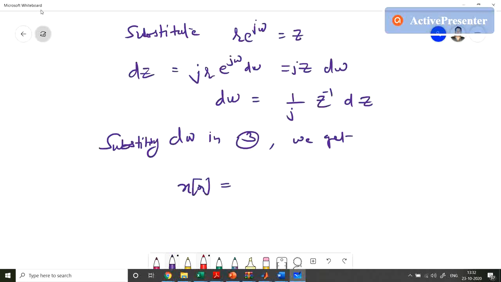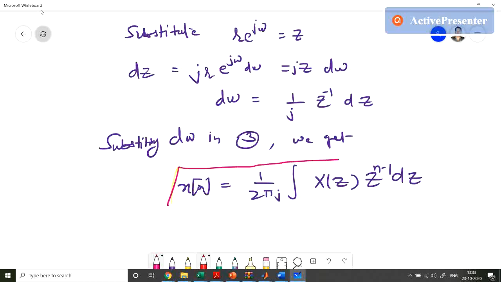In the discrete time domain, x[n] is related to X(z) with the following relation: 1 divided by 2 pi j, integration of X(z) z raised to the power n minus 1 dz. So please understand, this is basically the inverse Z transform.